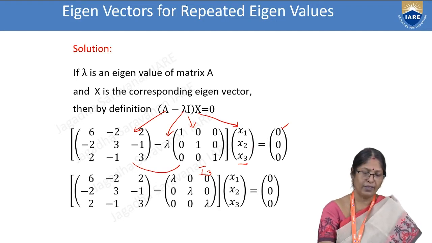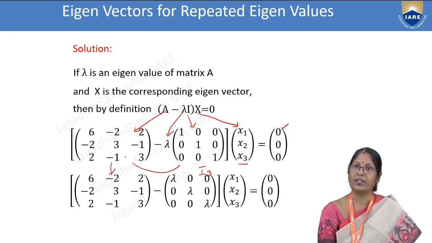Now, in this step, we wrote the given matrix A as it is, minus lambda, which we have taken inside: lambda into 1 is lambda, lambda into 1 is lambda, lambda into 1 is lambda. These 1s are the elements lying on the principal diagonal, so the elements on the principal diagonal have become lambda, lambda, lambda.